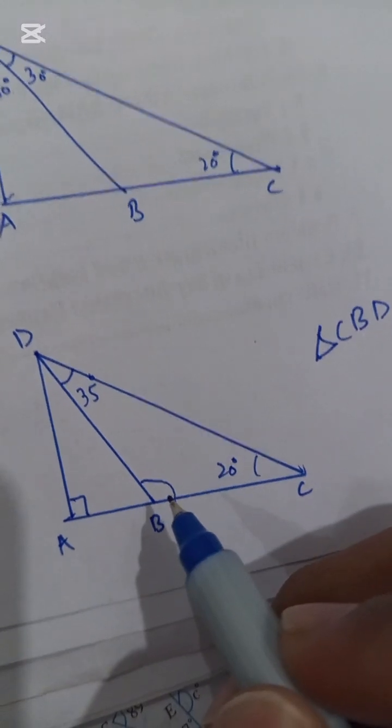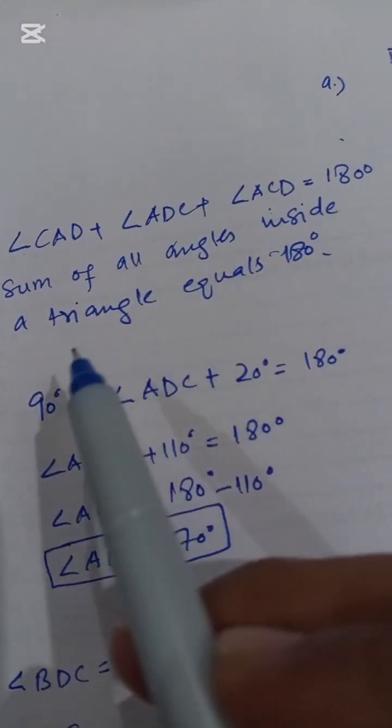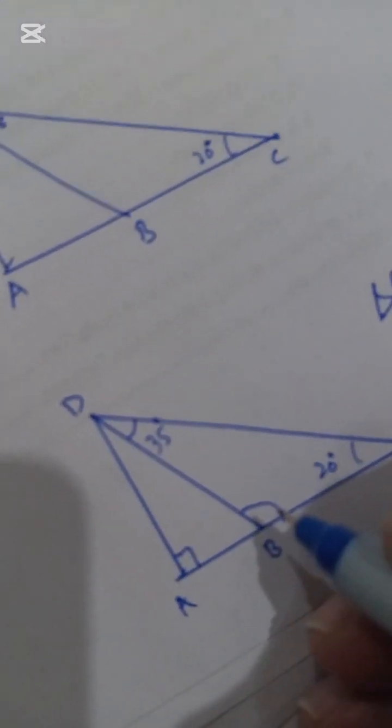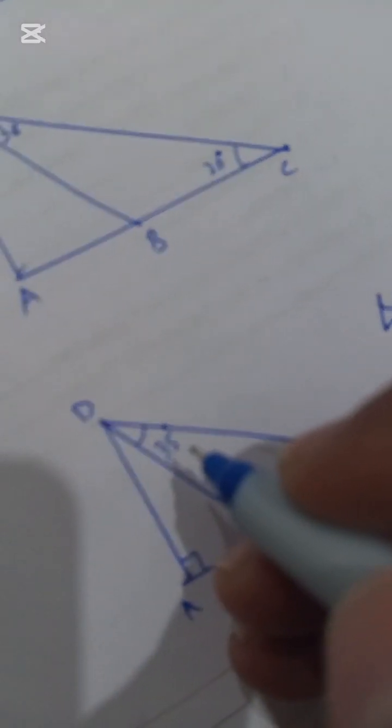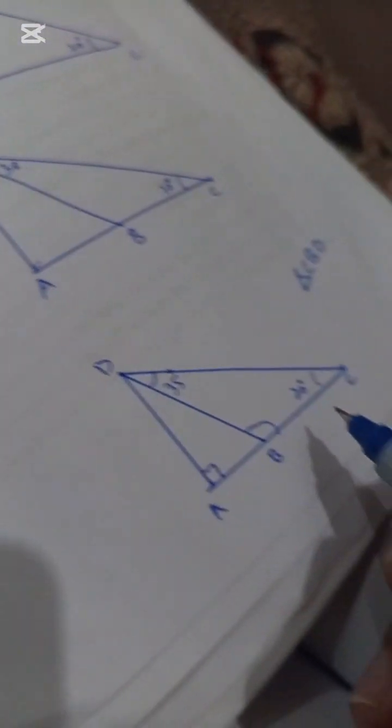If you think of it like this, then we have the same rule that I told you. We'll use the same rule, and that is the sum of all angles inside a triangle equals 180 degrees. So here we have a triangle, right? So the sum of all angles inside this triangle will also equal 180 degrees, right? So we'll use this law. We will say, now what are the angles?